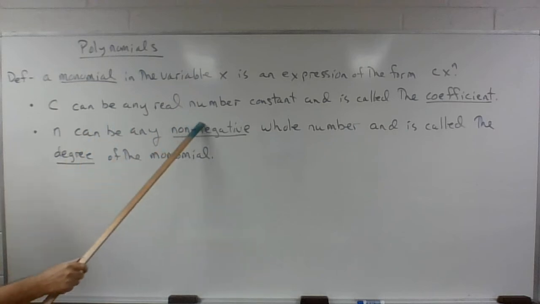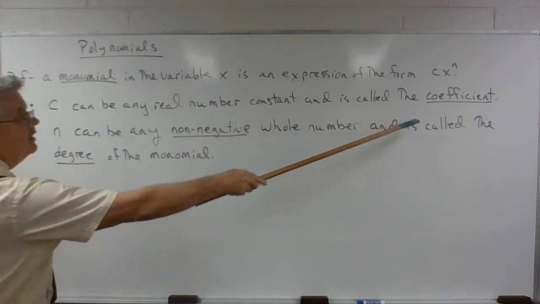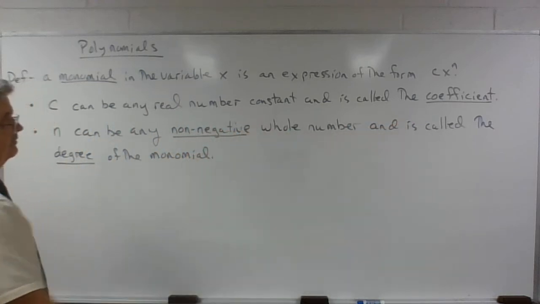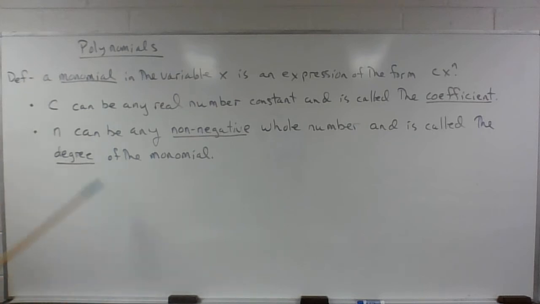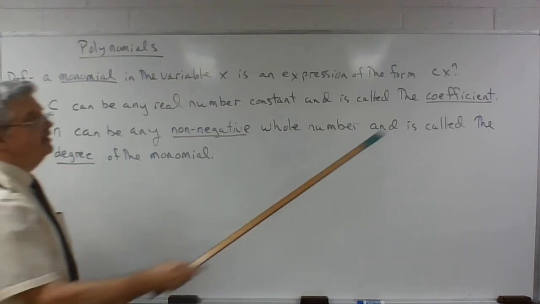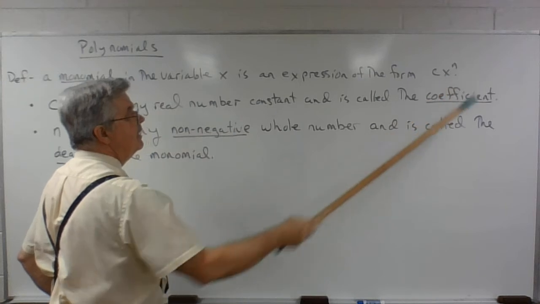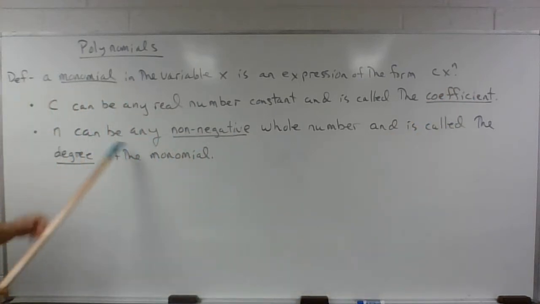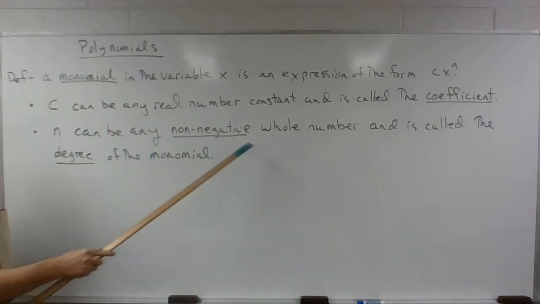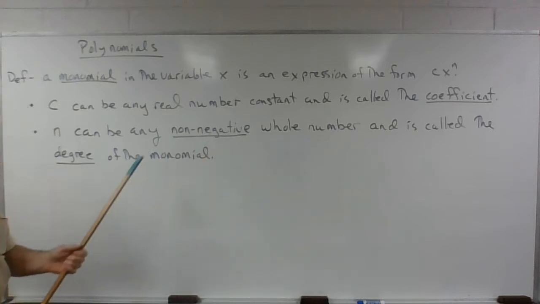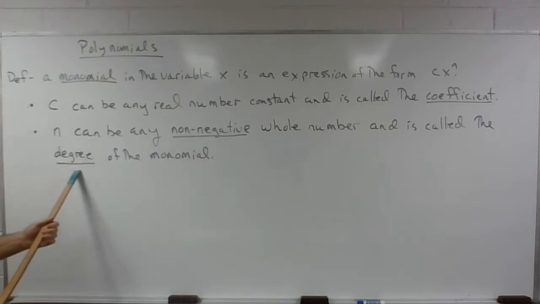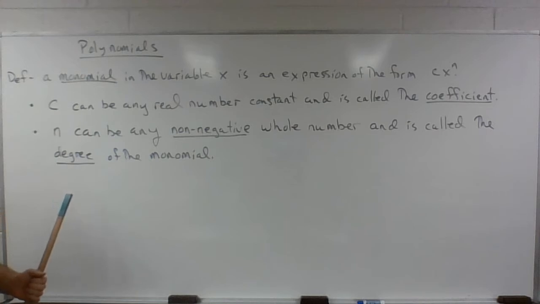C can be any real number constant and is called the coefficient. N, that's the exponent. N can be any non-negative whole number and is called the degree of the monomial.